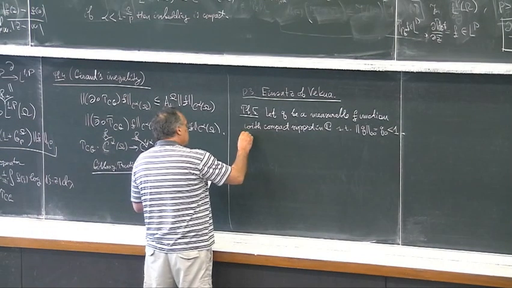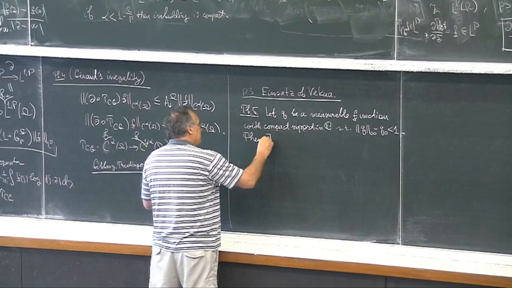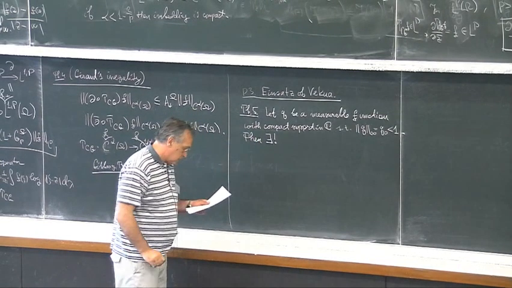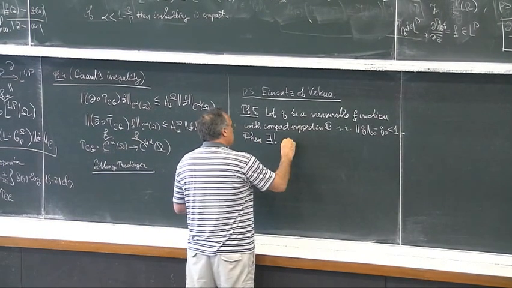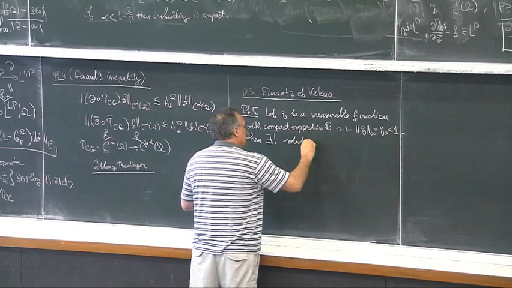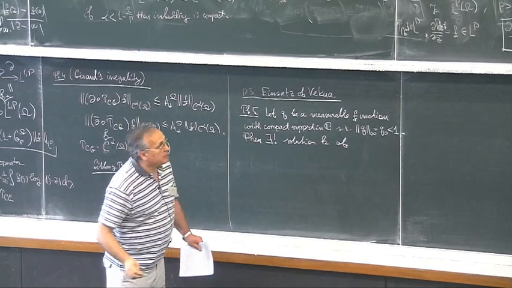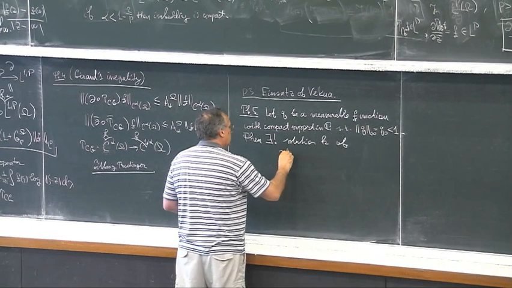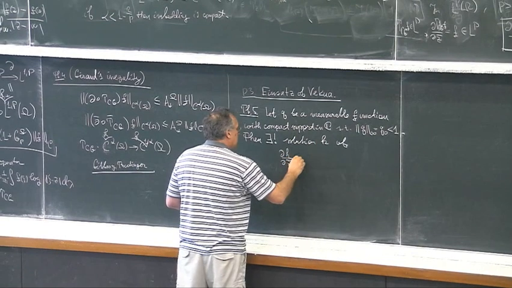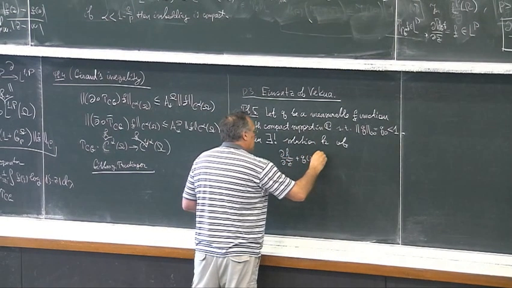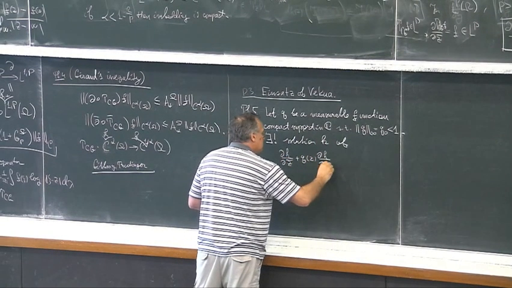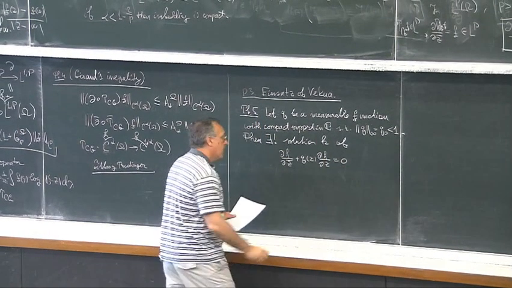Then there exists a unique solution H of the Beltrami equation, dH over dz bar plus Q of z dH over dz equal to 0.